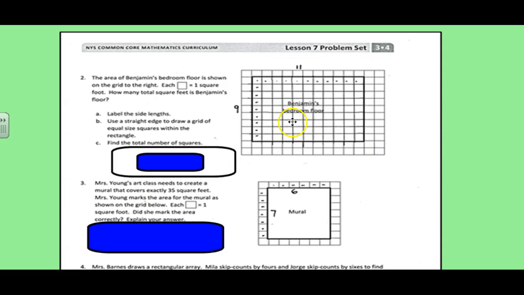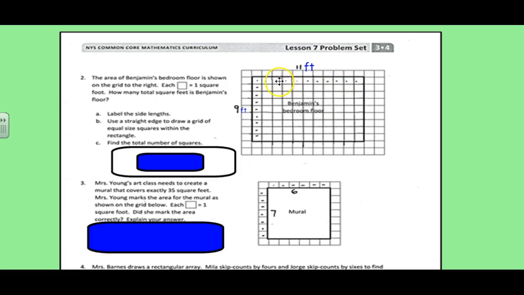Okay, so the rectangle is going to look like this. This side length was 9 feet, and the other side length was going to be 11 feet. Whenever you fill in all of the rest of the squares, it looks just like this one does.